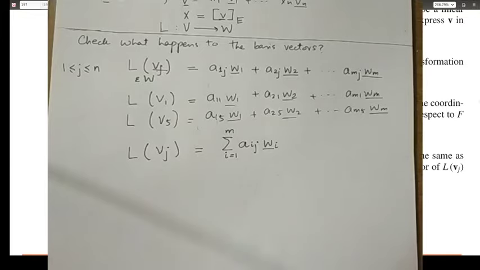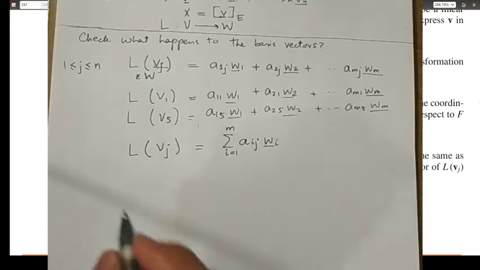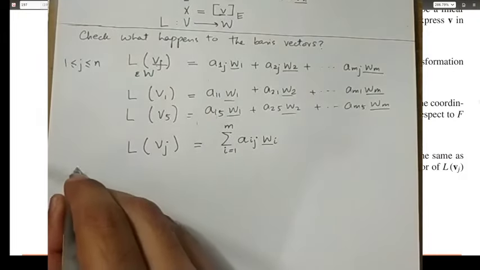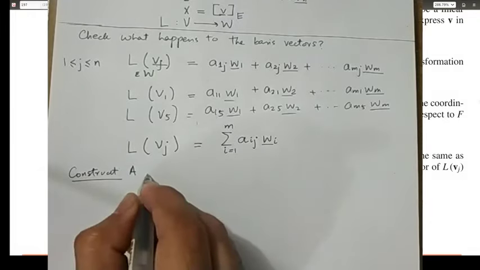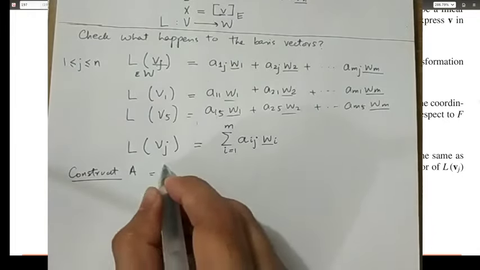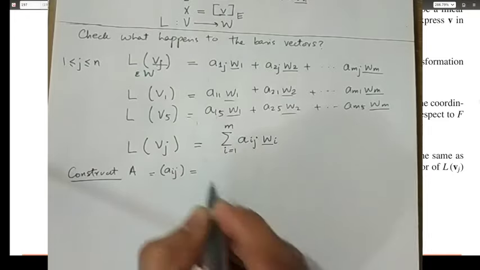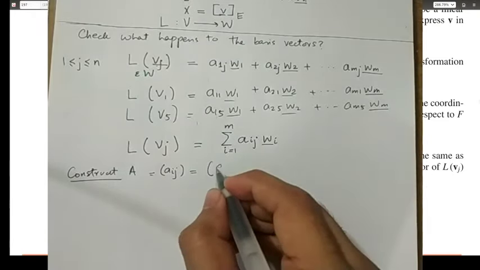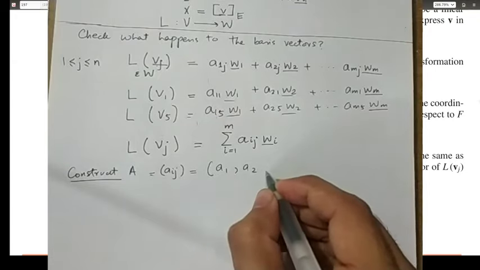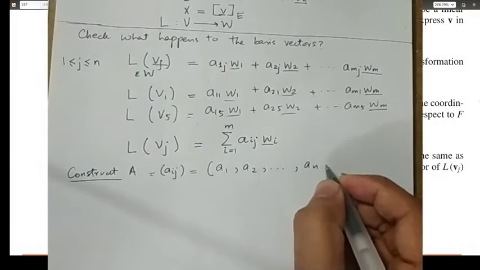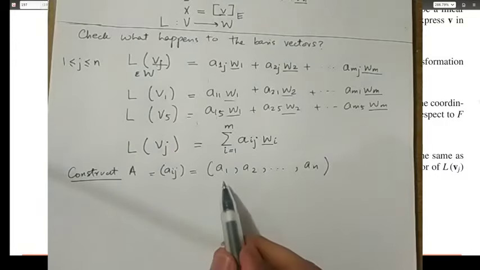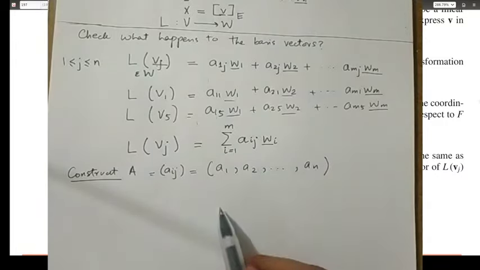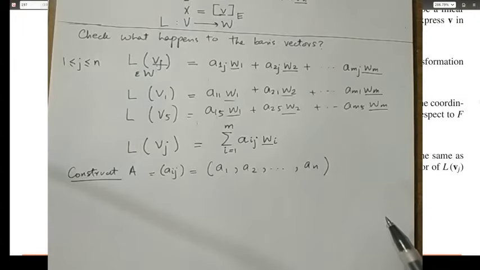Okay, now let's consider this matrix. Let's construct matrix A, which is made up of Aij, such that every column is A1, A2 up until An, where I'm defining these A1, A2, An as columns. Is that clear?